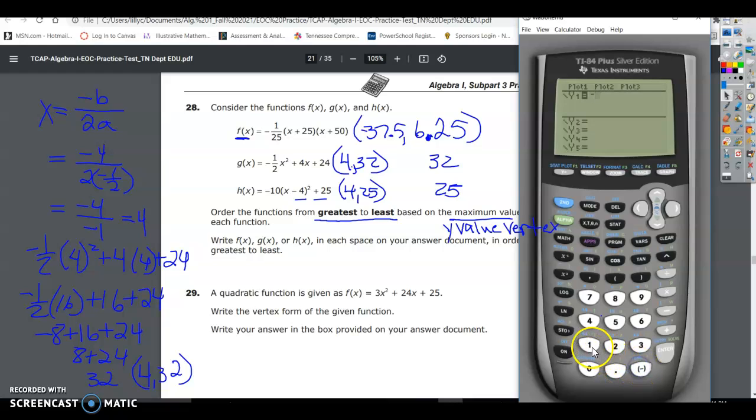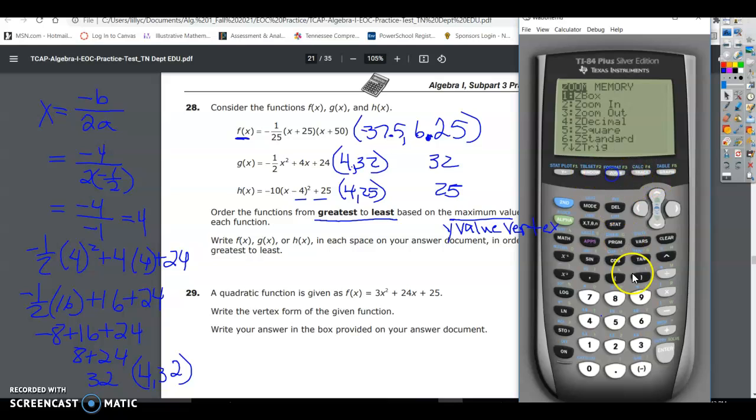So negative 1 divided by 25, parentheses, x plus 25 times x plus 50. All right, so this is the factored form, and I rewrote it in standard form in order to find the vertex, but you can just leave it in either form to do this.